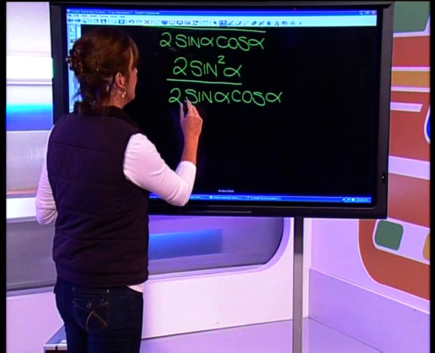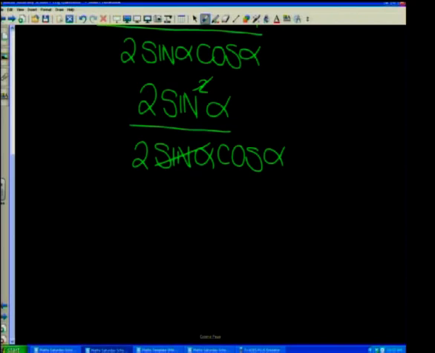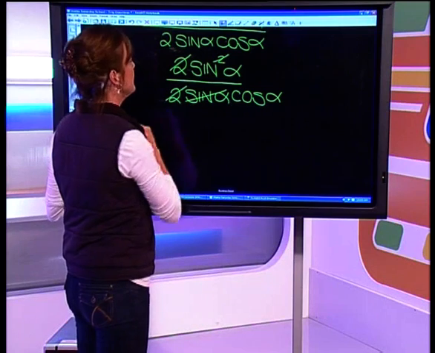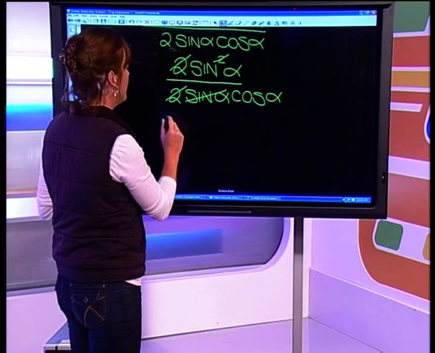So we have got now this sine alpha is going to cancel with just one of the sines on the top. Remember, it was sine squared alpha. So that bottom sine alpha has cancelled with one of the tops, and nothing is going to cancel with the cos, so that's got to stay where it is. And my 2's are going to cancel each other out. So what are we left with?